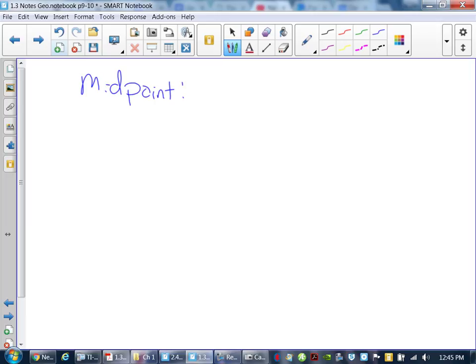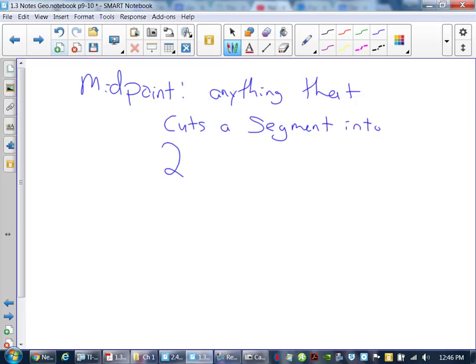It is anything that cuts a segment into two congruent parts.